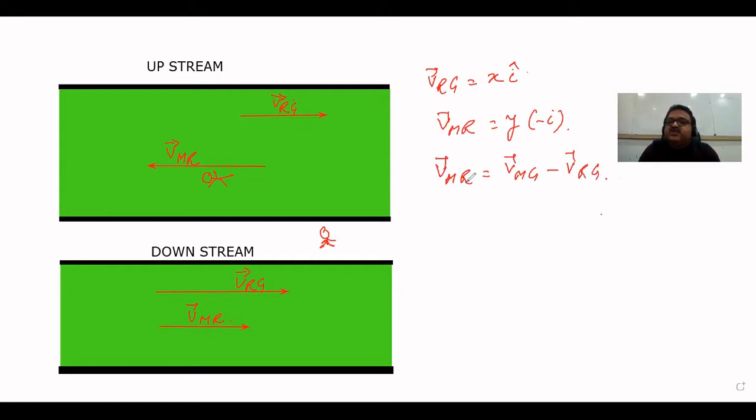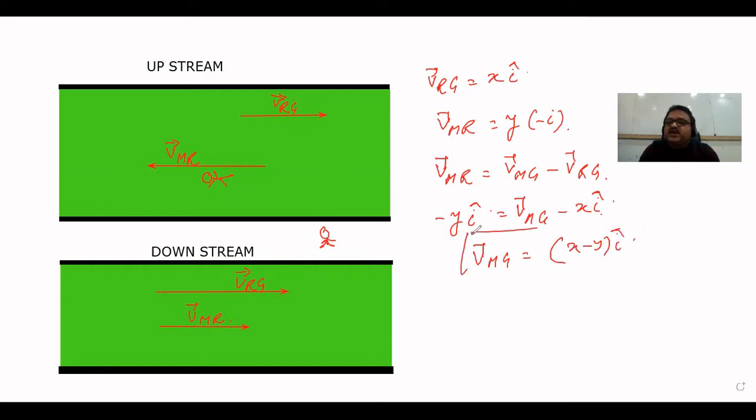Now, what is the velocity of the man with respect to the river? It is minus y i cap. Now, what is the velocity of the man with respect to the ground? That we need to find out here. And what is the velocity of the river with respect to the ground? This is x i cap. Now if I take it along that side, the velocity of the man with respect to the ground would be x minus y i cap.